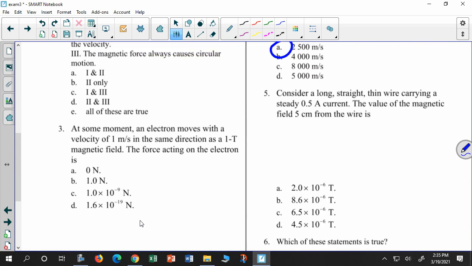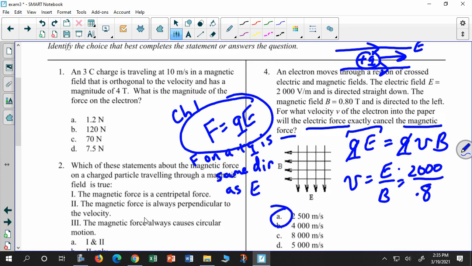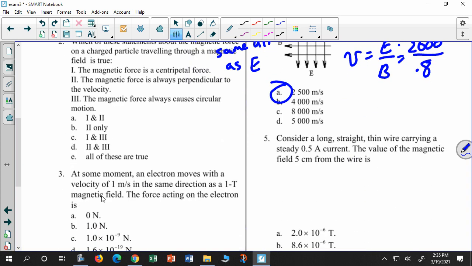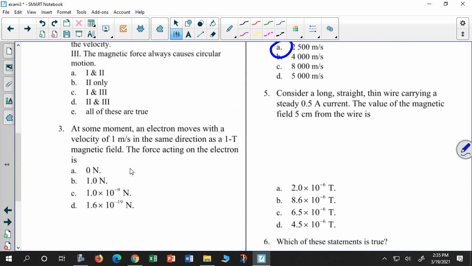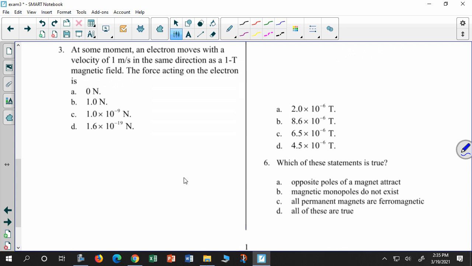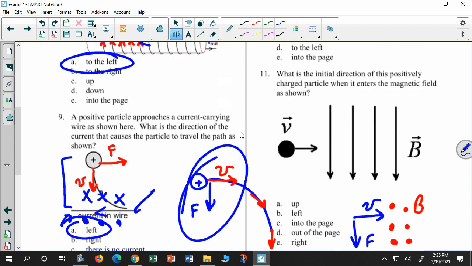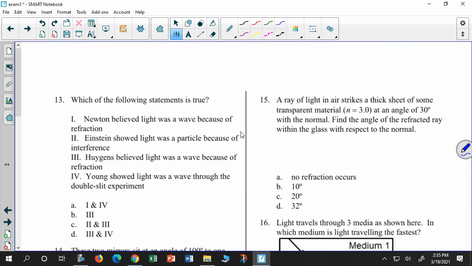All right, what else do I want to look at? I'll sort of scroll through this. Here's some stuff about calculating the force on an electron as it moves through a magnetic field. Here's basically the same question. Stuff about magnets here. We did all these, I think.